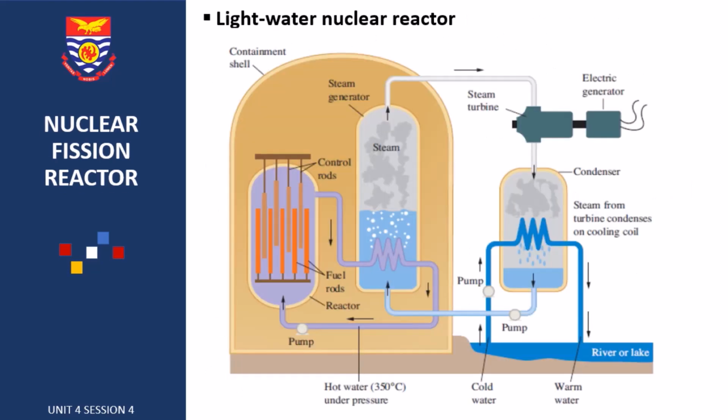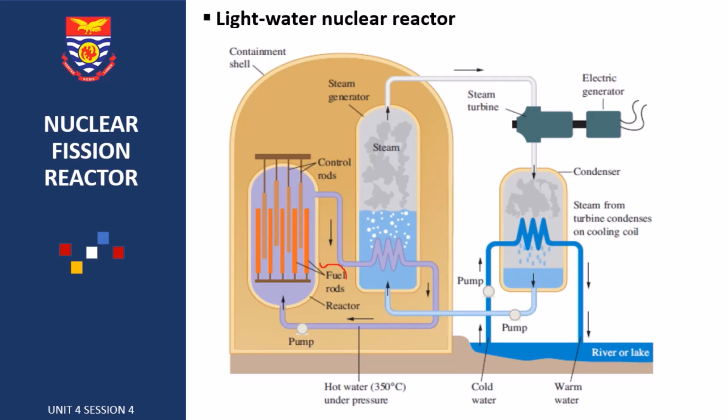So this is a typical light water nuclear reactor, and we shall see how it operates. First of all, heat from the fuel rods will raise the temperature of the liquid water in the reactor.